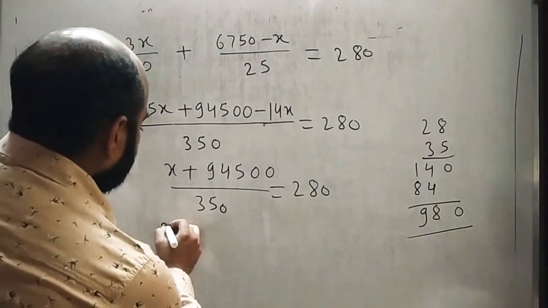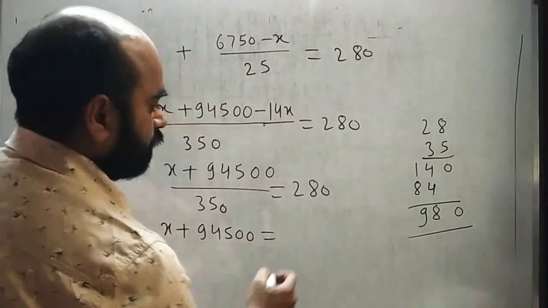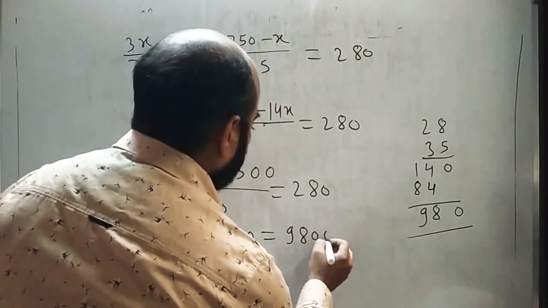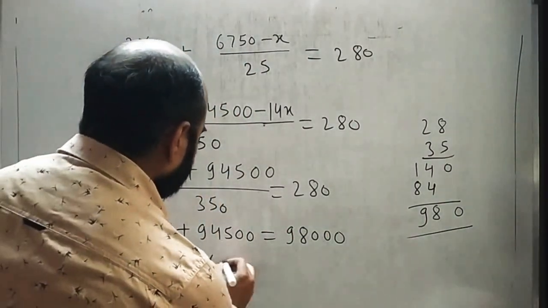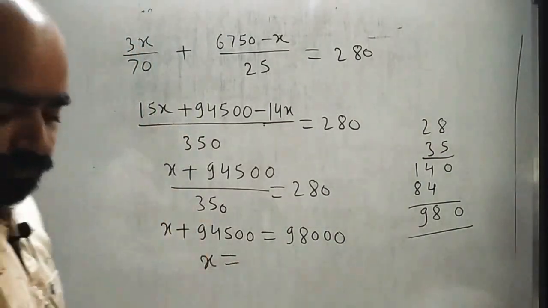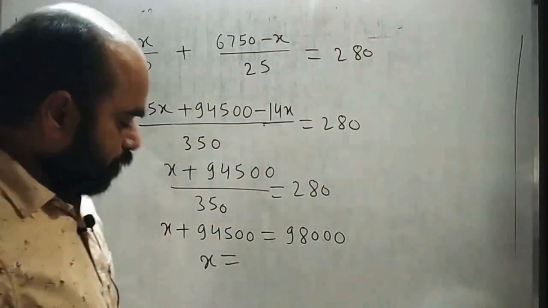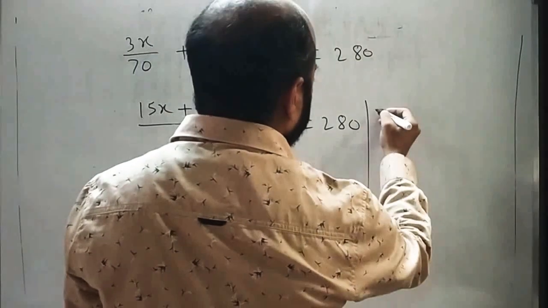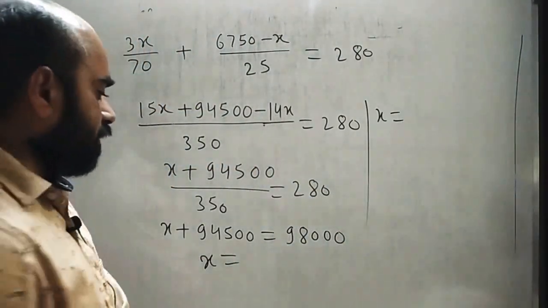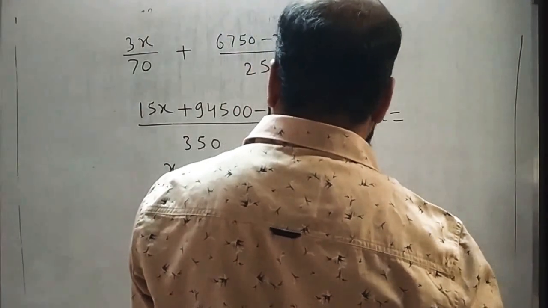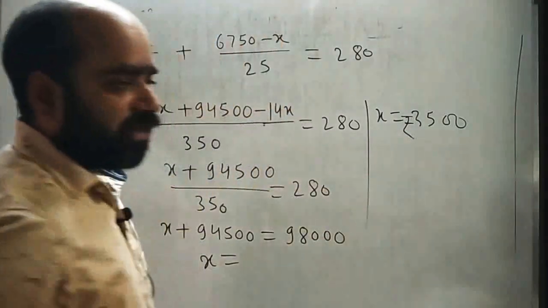So it means finally we are having x plus 94500 is equal to 98000. Two zeros are left. So finally x will be 98,000 minus 94,500. It means 3,500. Correct. So one part is 3,500.